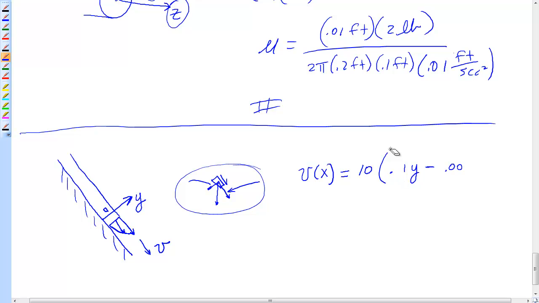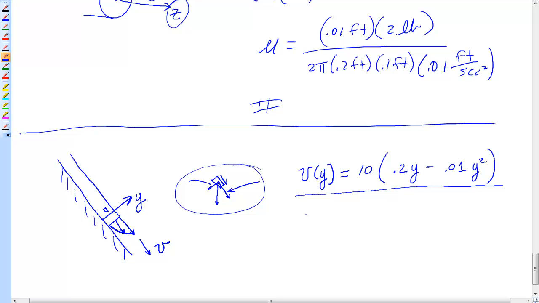Let's change this number to just 0.1. And that would give us y squared here. In fact, I believe this needs to be 0.02. Now, if you had this equation, the first mistake I've made is this: velocity is a function of y.